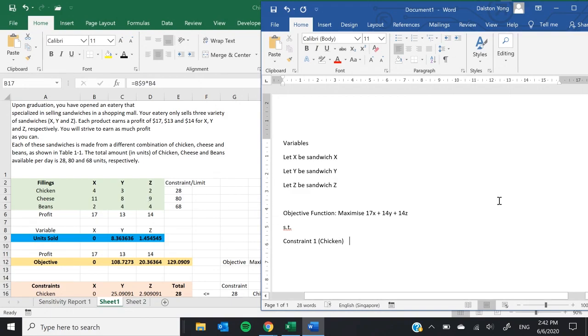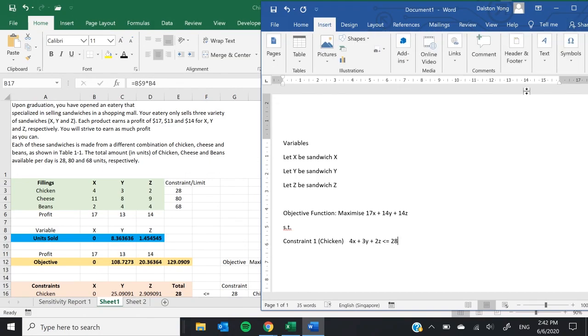4, 3, 2. So 4x, 3y, and 2z. Okay, so 4x plus 3y plus 2z must be lesser or equal to 28. Okay, but I think in your exam, you should actually use a symbol, this symbol instead. Symbol less than or equal to.